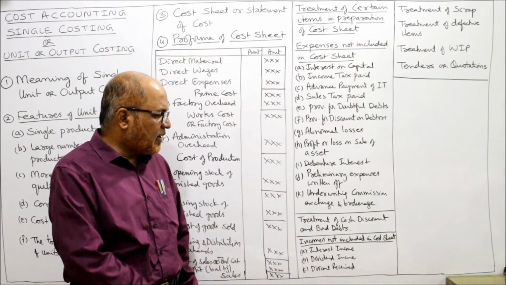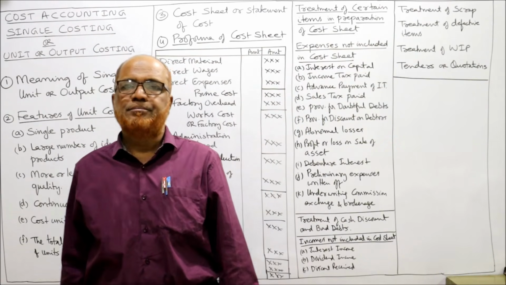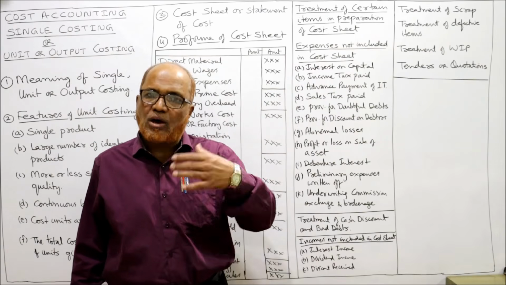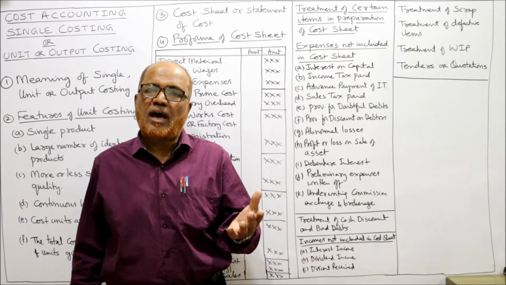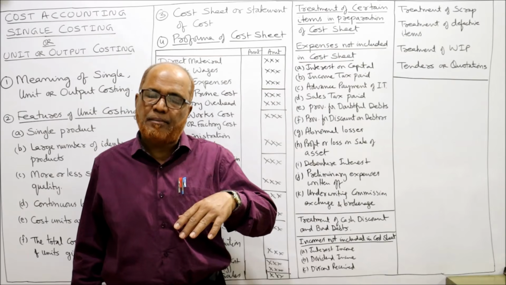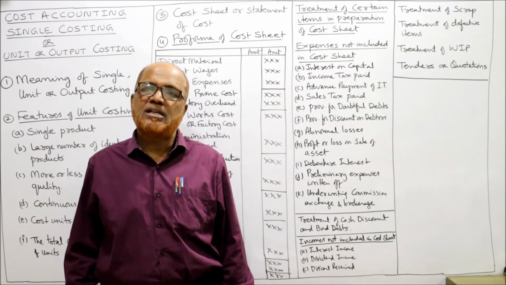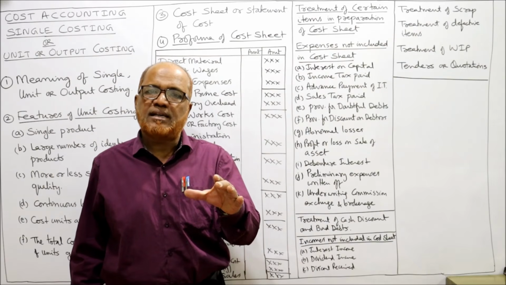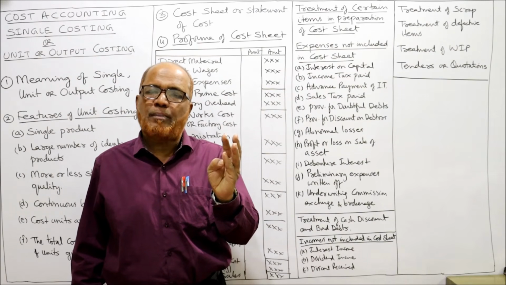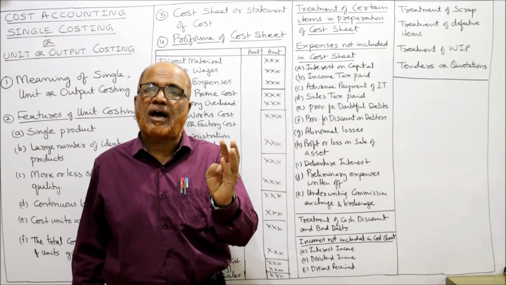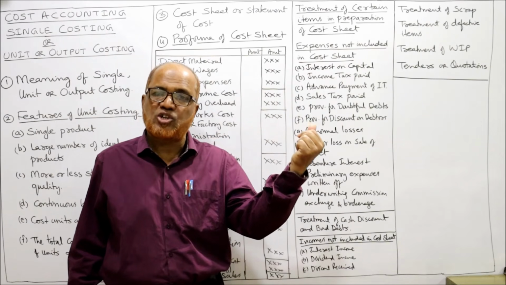Now, treatment of cash discount and bad debts. When a business allows cash discount and when a business writes off bad debts, what is the treatment? Two different opinions are there. Some authors say this cash discount and bad debts are only financial items. It will be taken only in financial accounting.